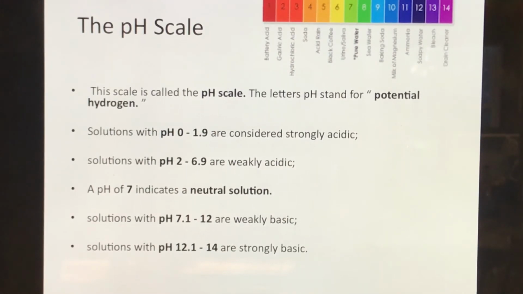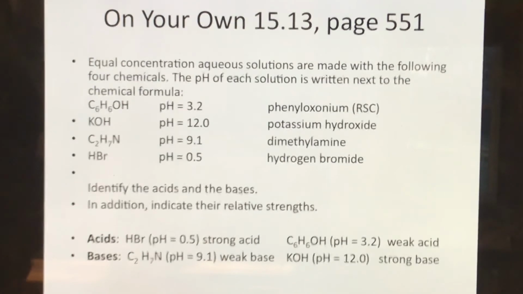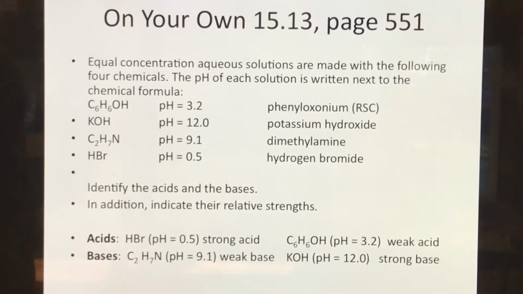Those are things that would really hurt your skin if they touch you. So bleach is one considered here. And I know drain cleaner is 14, so that's super basic.